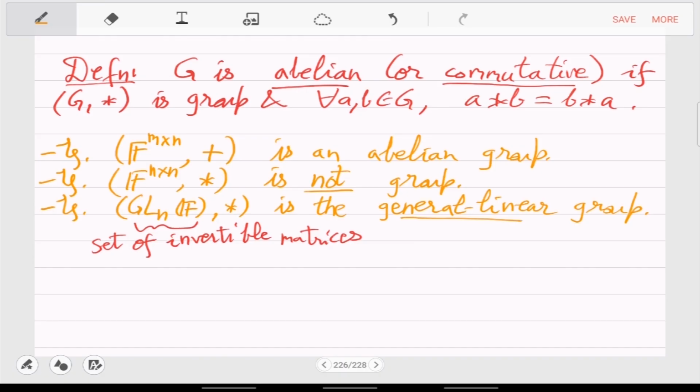So this is non-abelian for n greater than 1. For all 2 by 2 and bigger matrices, the general linear group GLn is a non-abelian group.